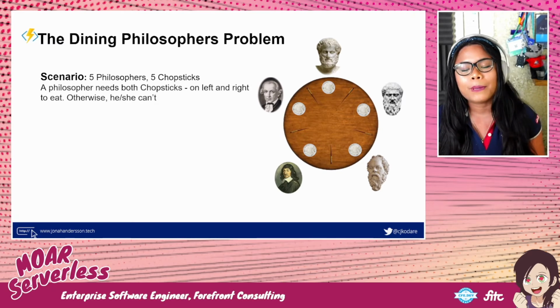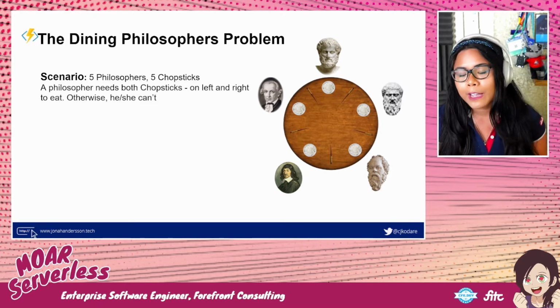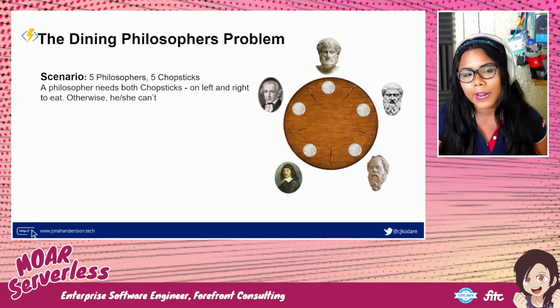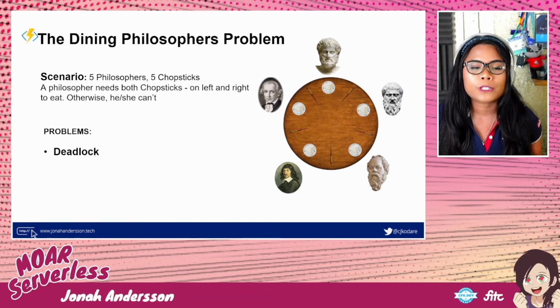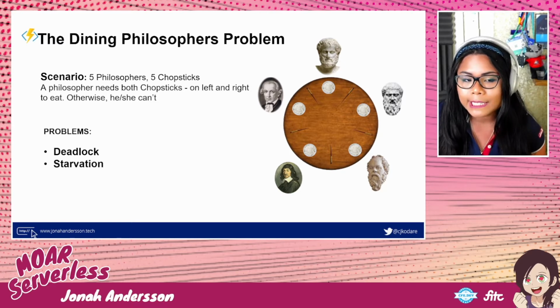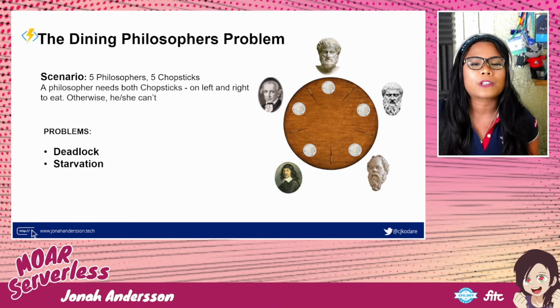But the problem in this dining philosophers scenario is that if they all pick up the chopstick from left to right, they're going to have a problem, for example deadlock, because they won't be able to eat. Then, of course, they will get hungry and starve.